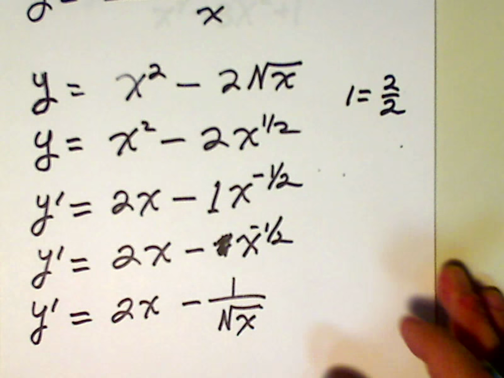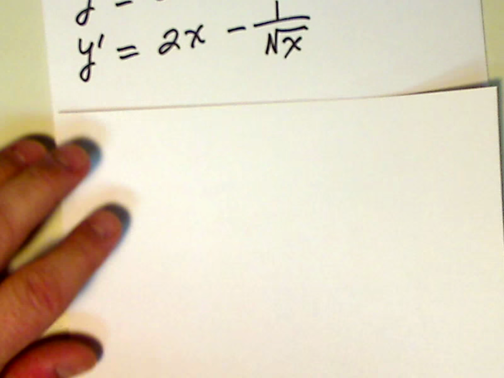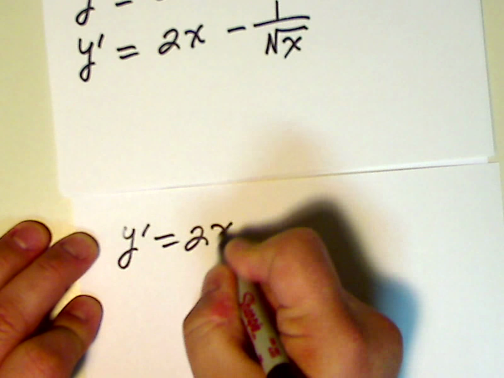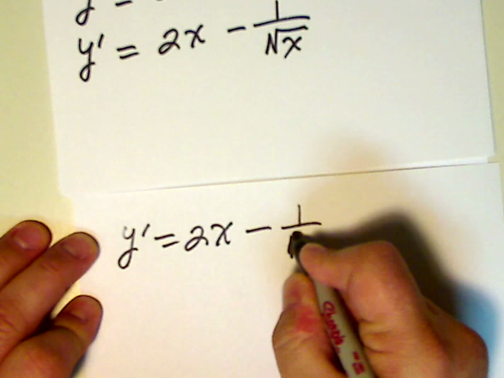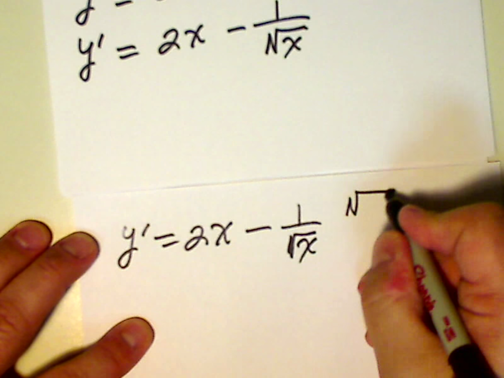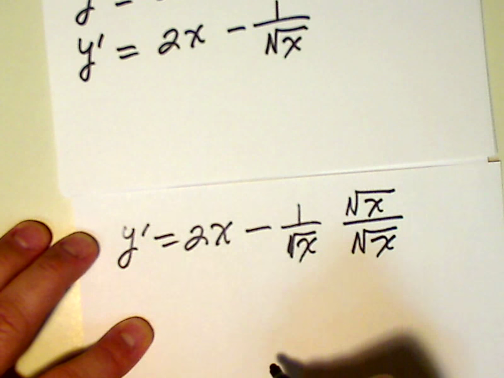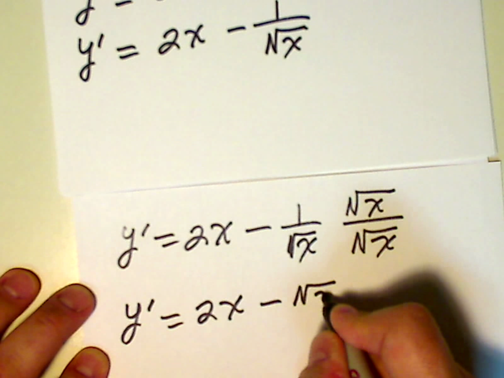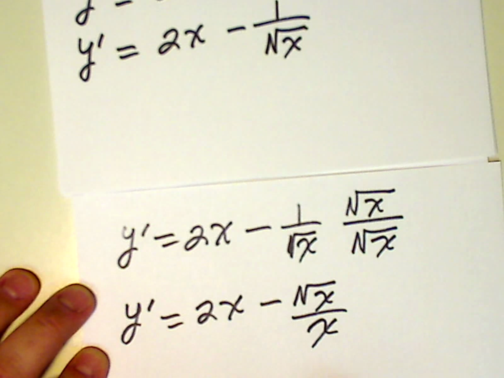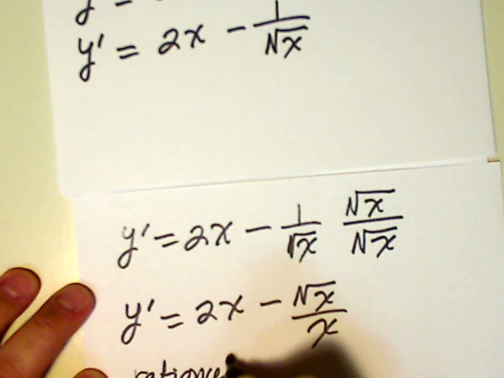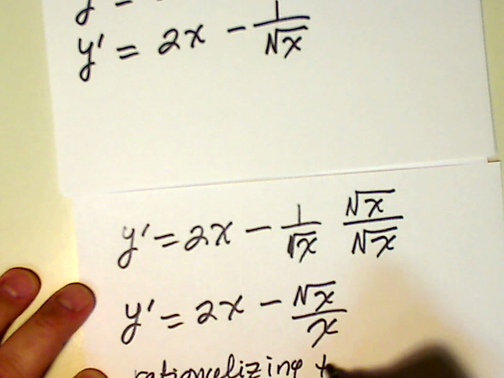In order to do that, we have y prime equals 2x minus 1 over the square root of x. So let's multiply by a very special form of 1. We'll multiply by the square root of x over the square root of x. So y prime is equal to 2x minus the square root of x over x. So this is called rationalizing the denominator.